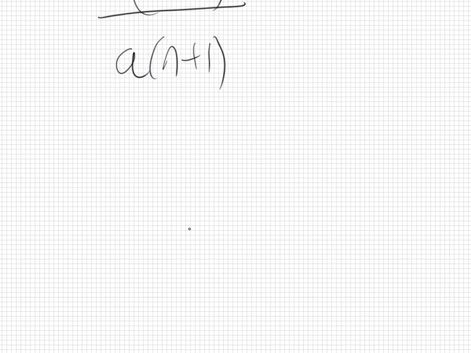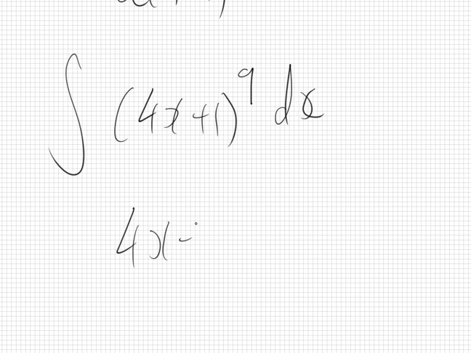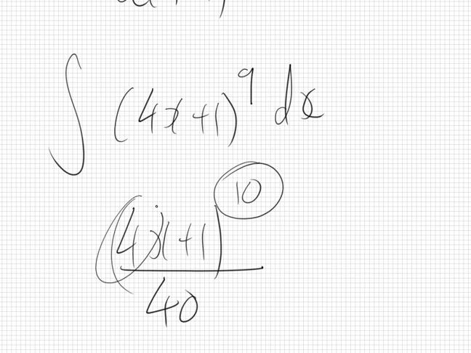For an example, watch: the integral of (4x + 1)^9 dx. That would be (4x + 1)^10 over 40. Multiply that number by that number.